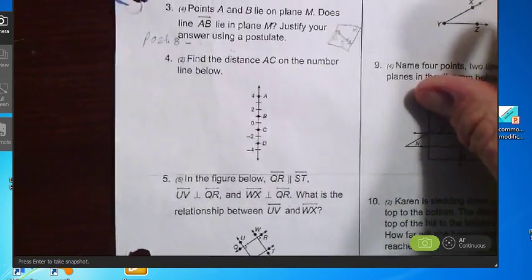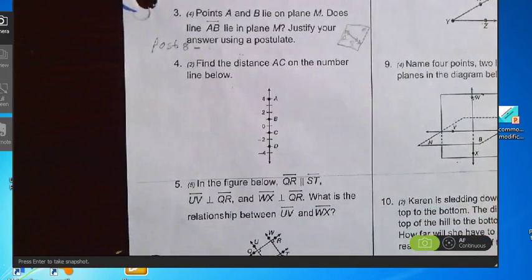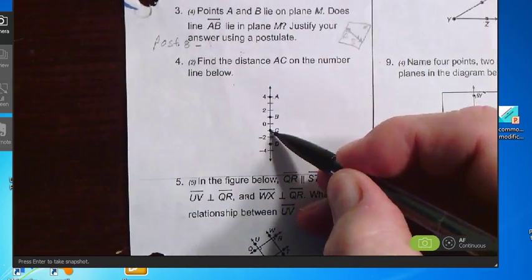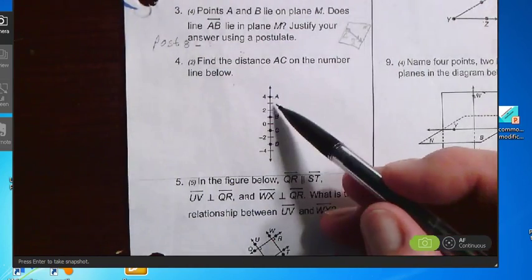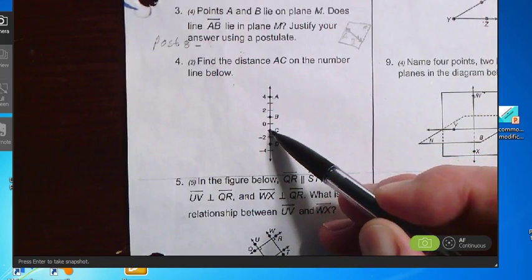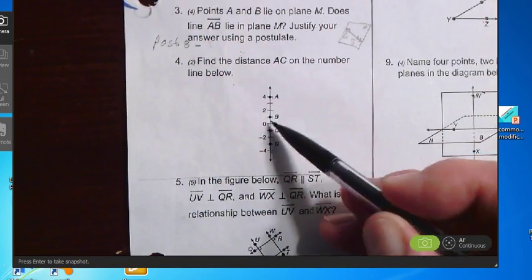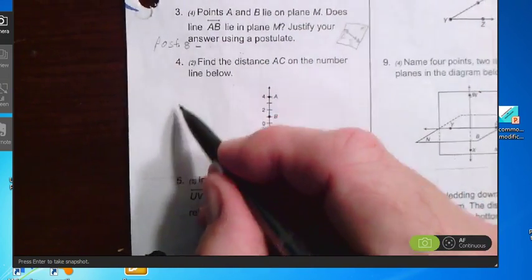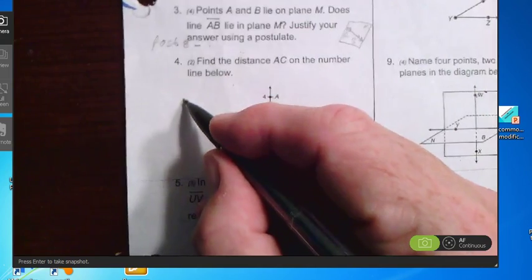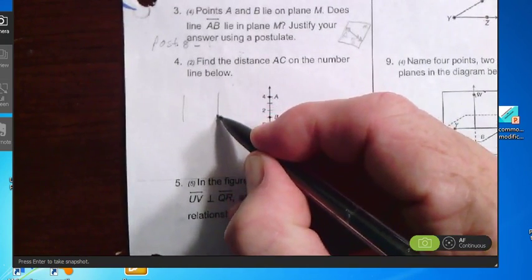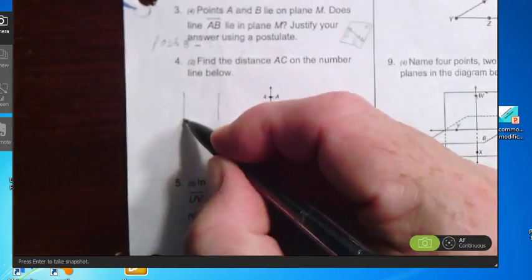Number 4, let's move on to number 4. It says find the distance A to C on the number line. Now, it's easy to count, obviously: 1, 2, 3, 4, 5 units between A and C. The other way to do it, the official way actually, is to use these signs, and these are absolute value signs here.